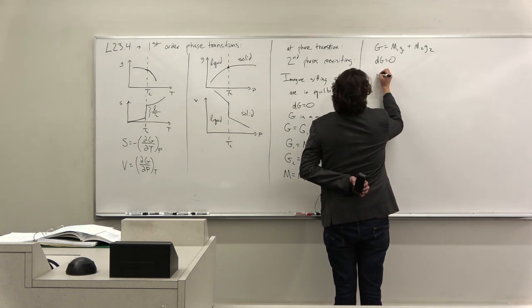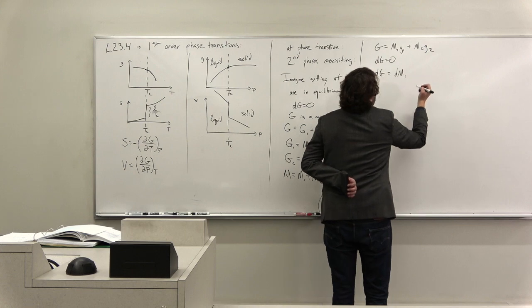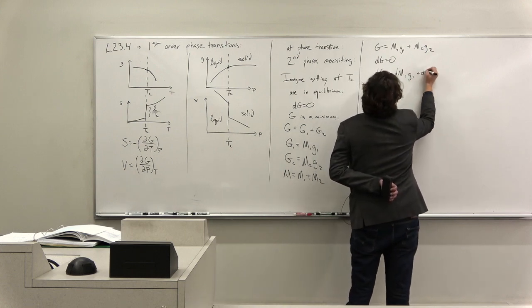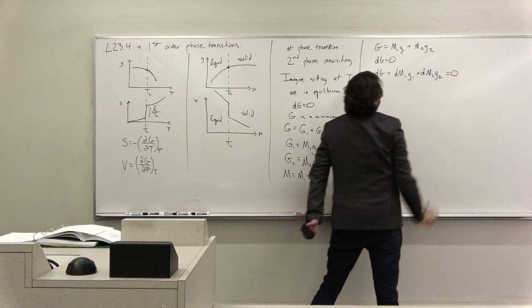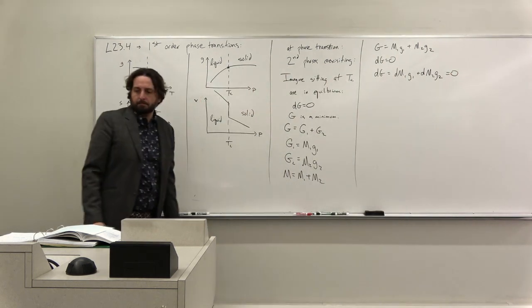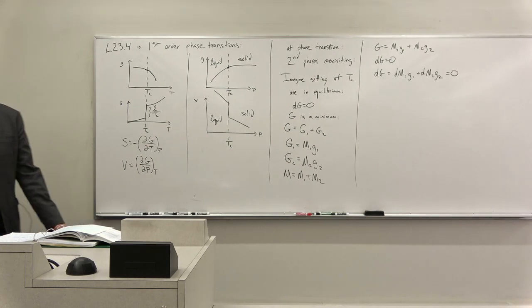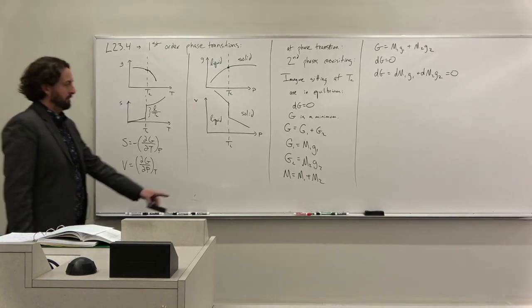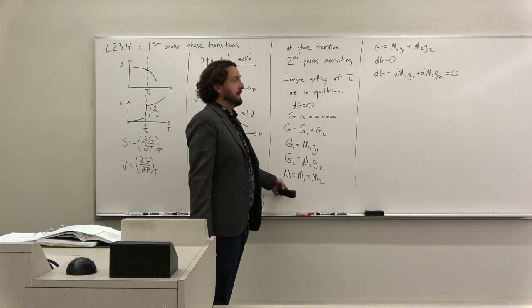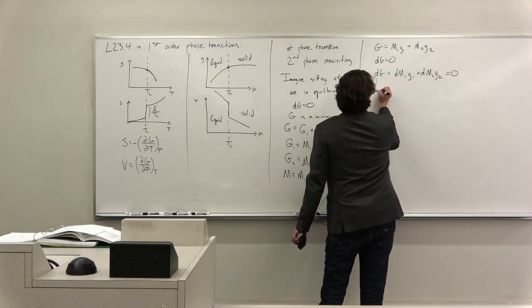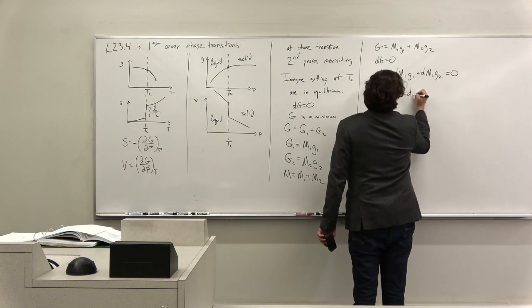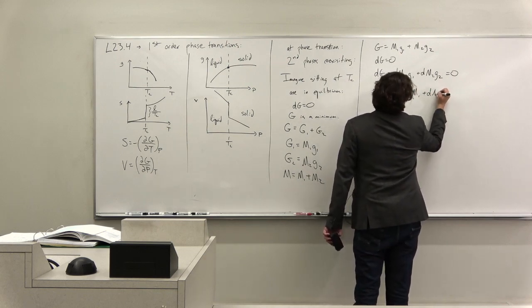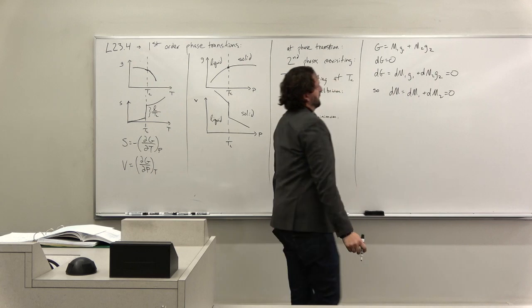So we can say that dG equals g1 dm1 plus g2 dm2 equals 0. But mass was constant, right? So we know that dm1 plus dm2 is equal to 0.